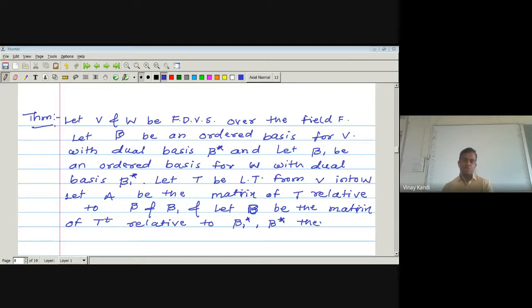Then we have to show that the matrix B is equal to A transpose, or B ij is equal to A transpose ij.